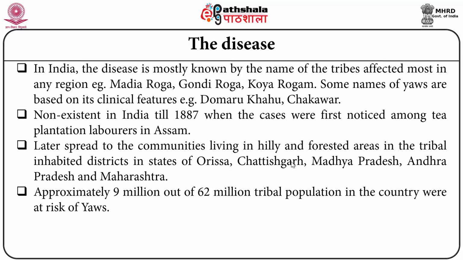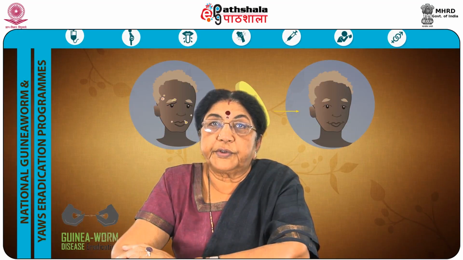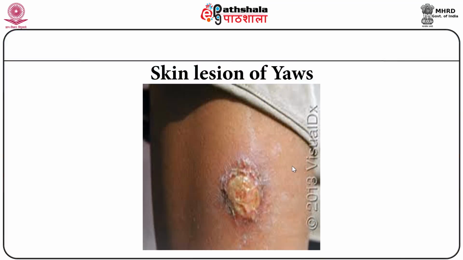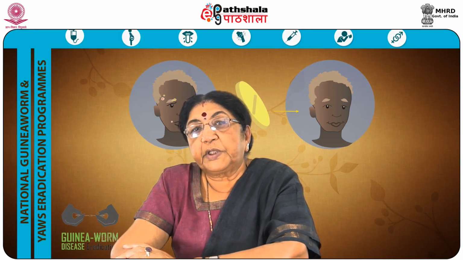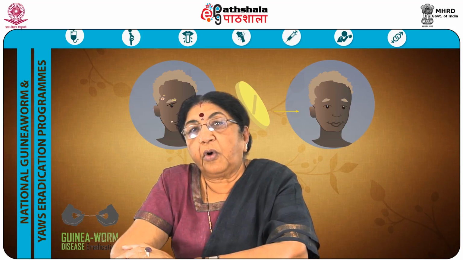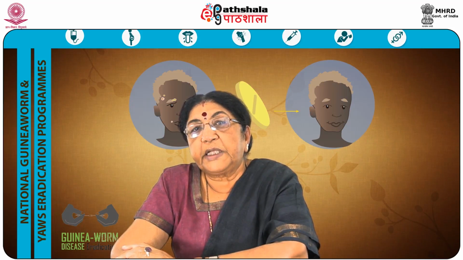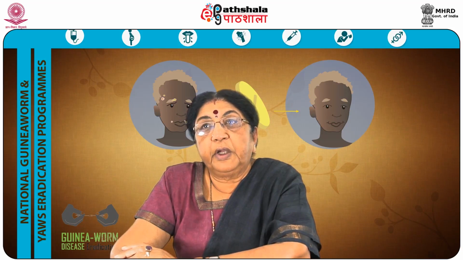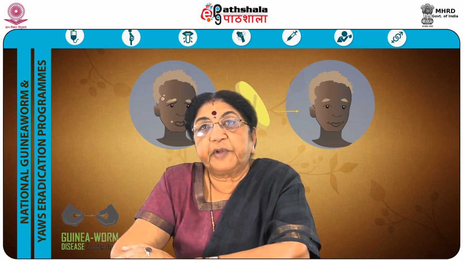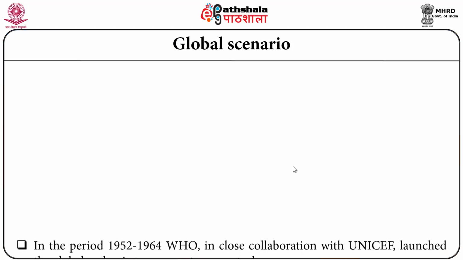Approximately 9 million of the 62 million tribal population in the country were at the risk of yaws. As I've already said, these cases present with small lesions on the forearm or on the legs, which present with exudates, and if not taken care of, will easily transmit the infection from one child to another.